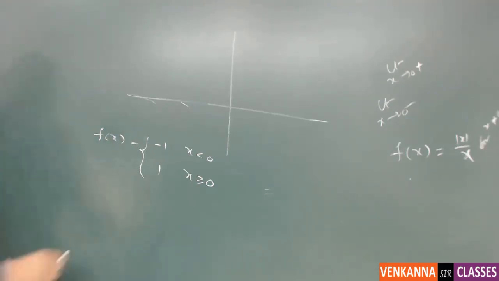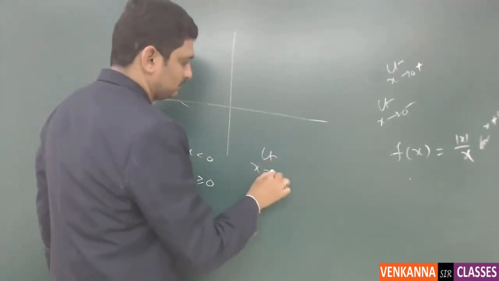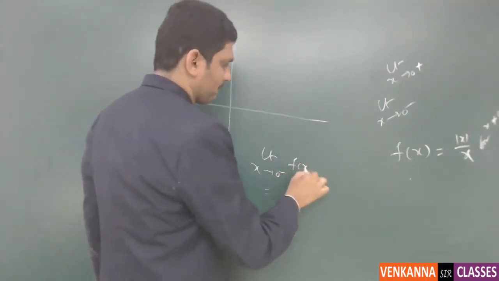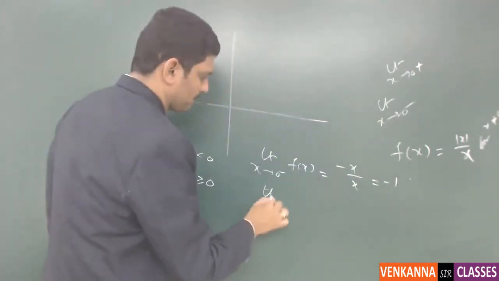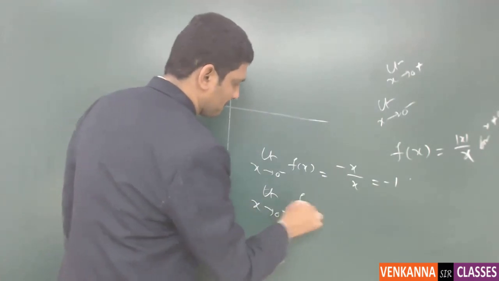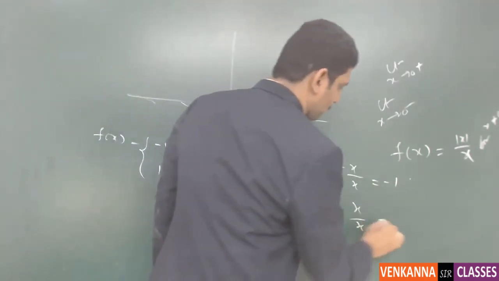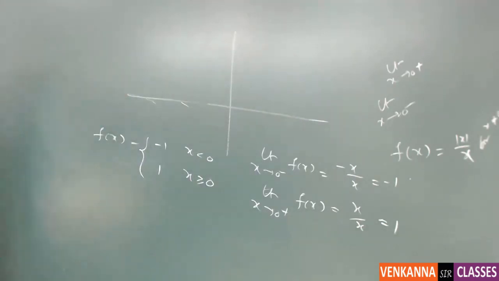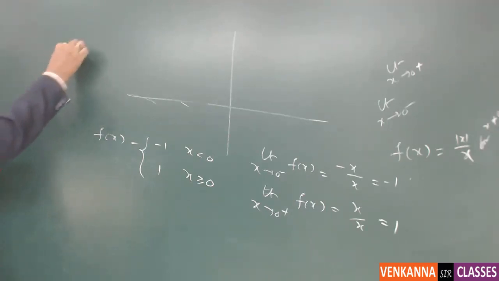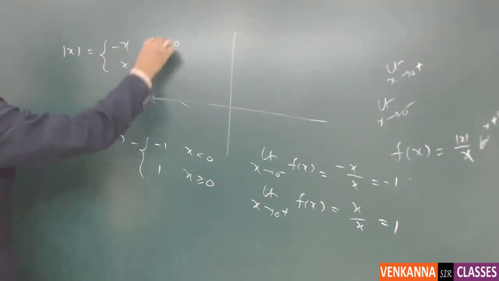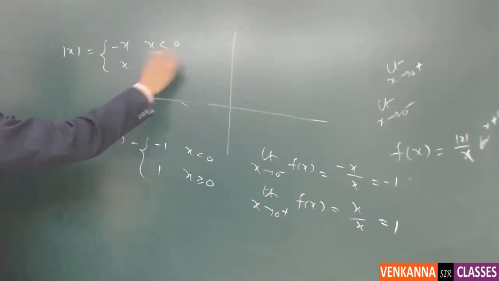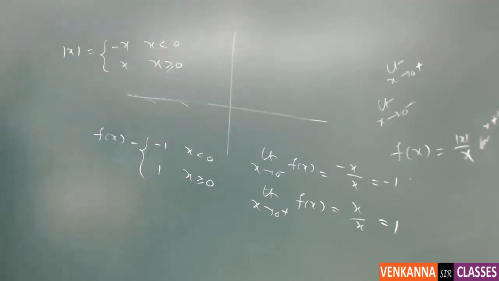So if you calculate the left limit, do you accept this example? As per the mod x definition, because mod x is defined in this way.